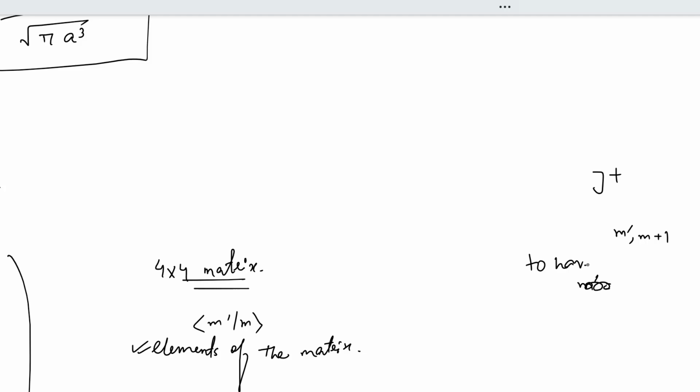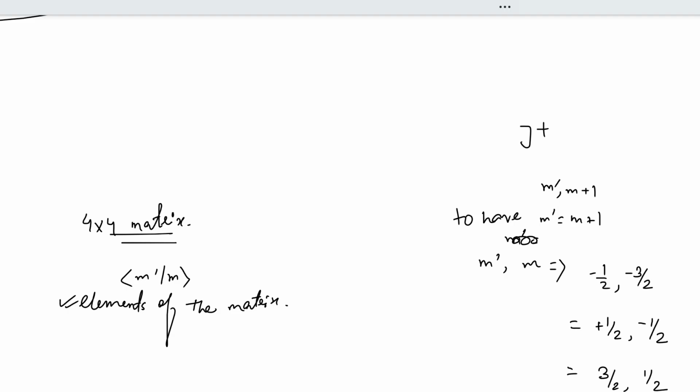To have a non-zero element with m prime equal to m plus 1, the possible options for m prime, m are minus half, minus 3 by 2, because minus 3 by 2 plus 1 is minus half, or plus half, minus half, because minus half plus 1 is plus half, or 3 by 2, half. So these are the options.